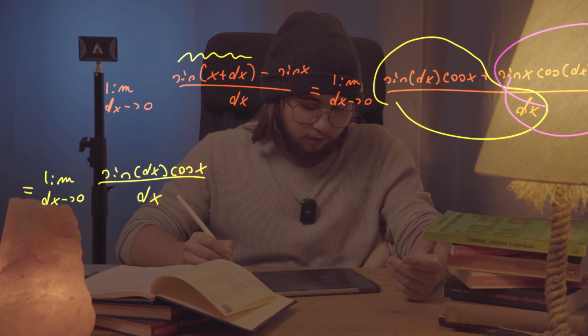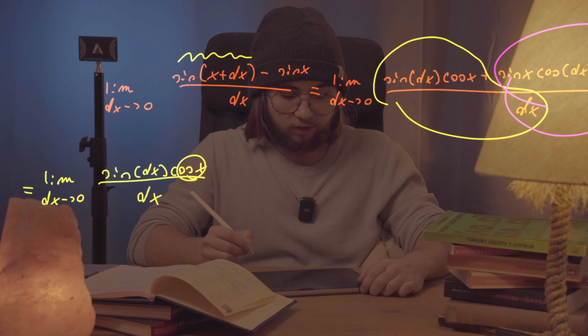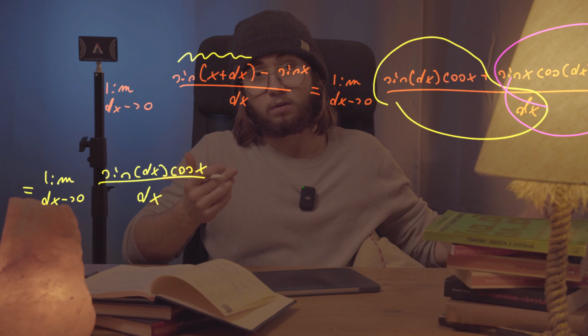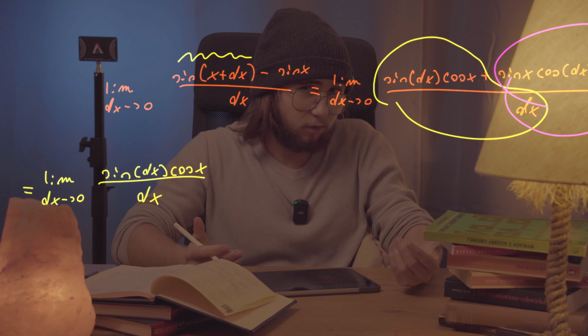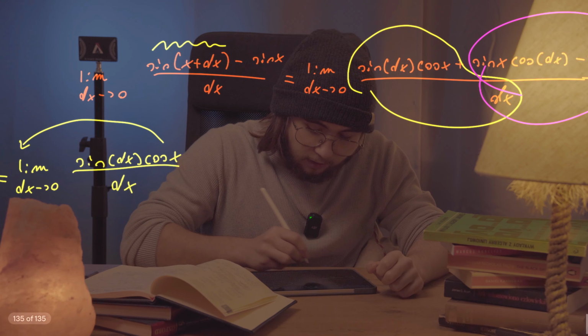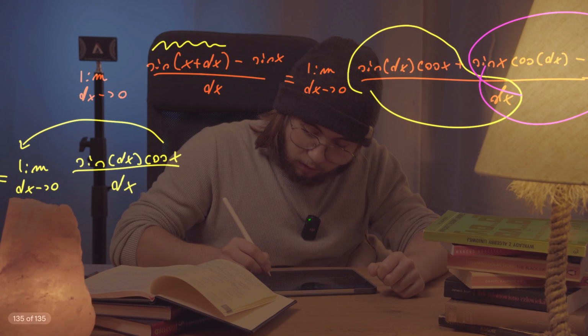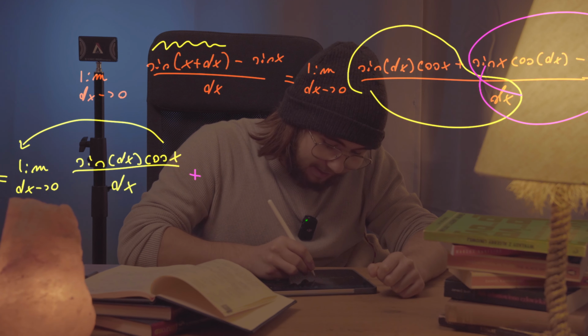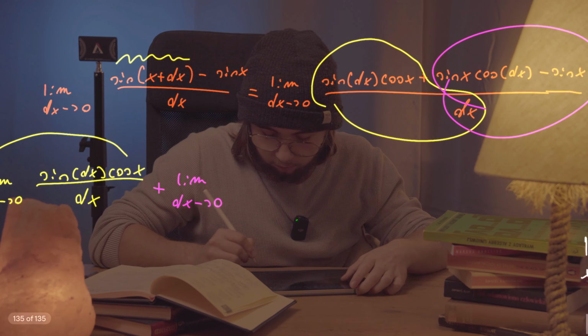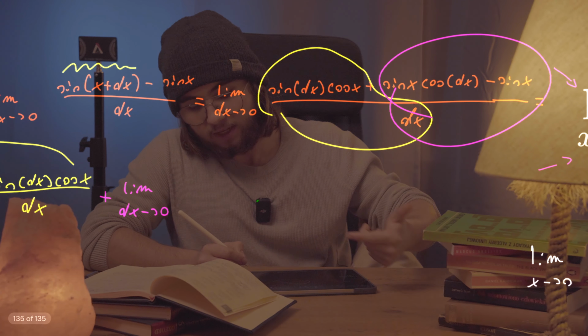But now the nice thing is that this cosine of x is just a constant with respect to dx, which is the variable we are taking the limit with respect to, so we can take it in front of the limit itself. Then we'll be left with the limit as dx approaches 0 of the sine of x cosine of dx minus sine of x.